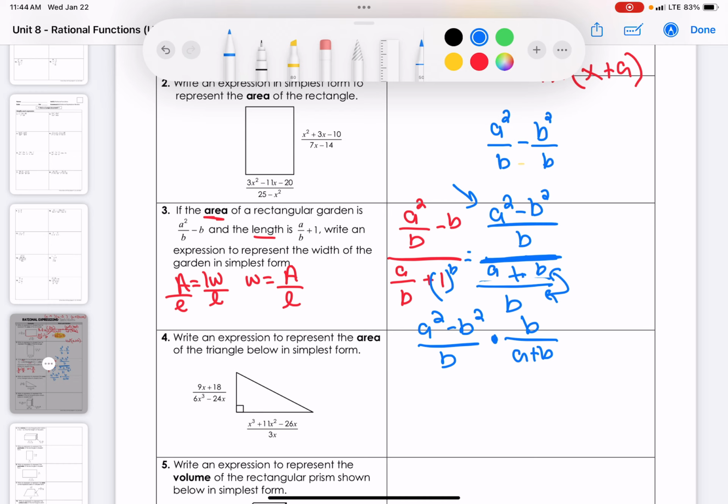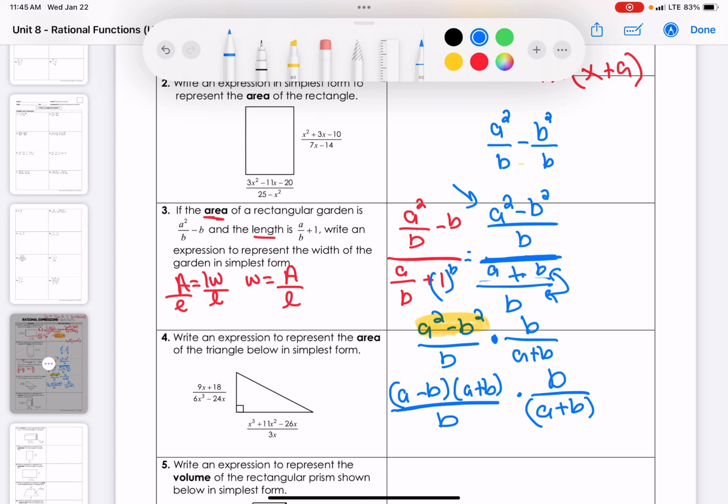So now we can kind of simplify, right? If I'm just looking at this part right here, if I want to factor that out, if I want to simplify that, I could put this as a minus b times a plus b over b times b over a plus b.